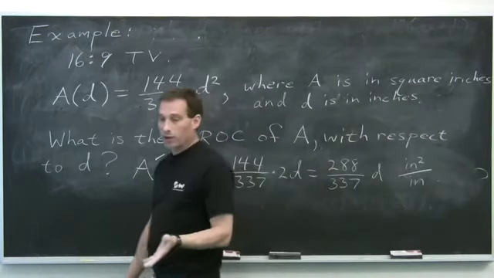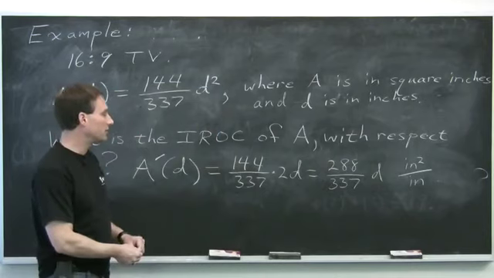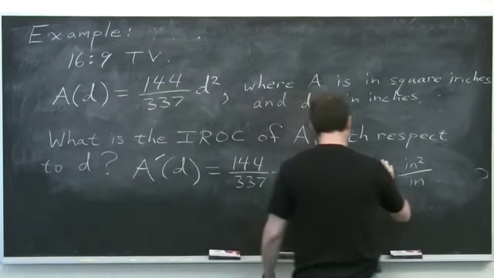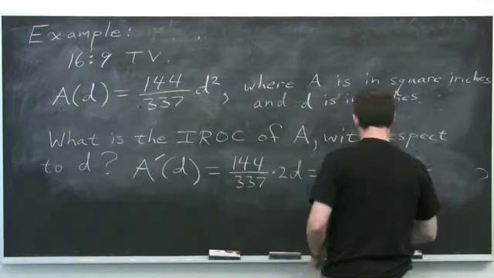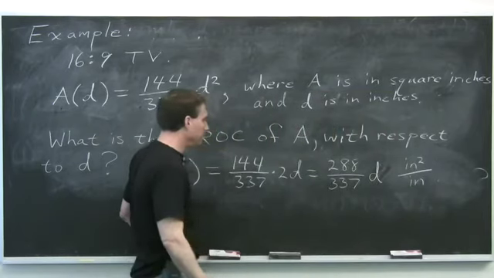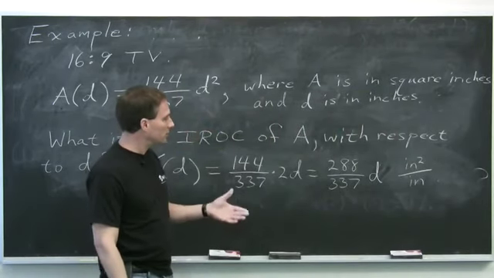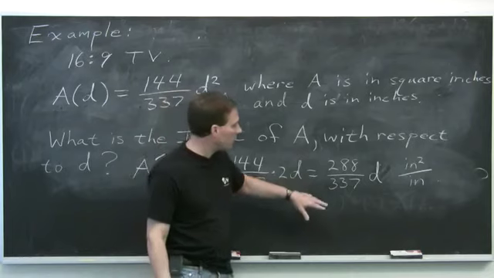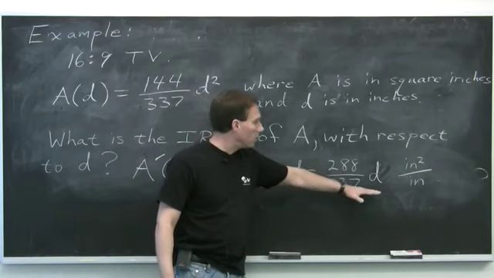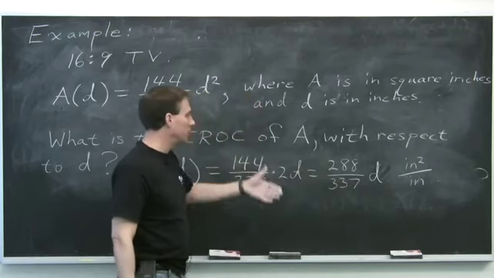That's the instantaneous rate of change of the area of the television with respect to the diagonal length of the screen. And as we saw before, as d gets bigger, this rate of change gets bigger.